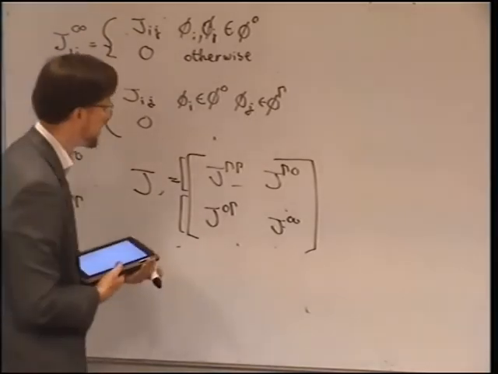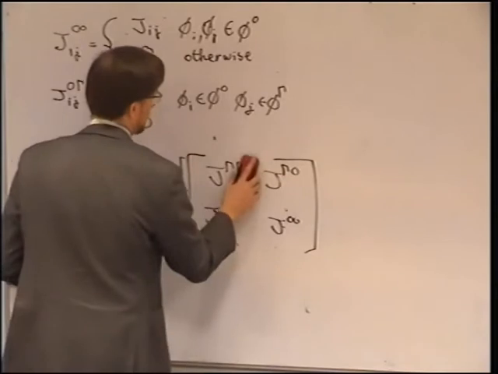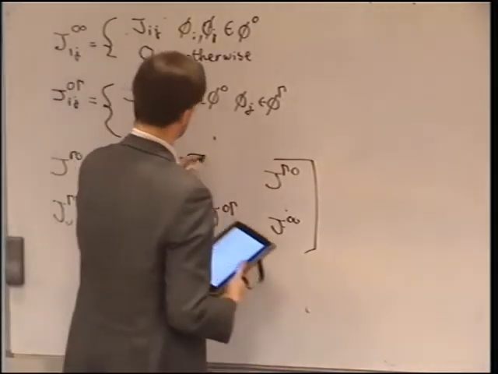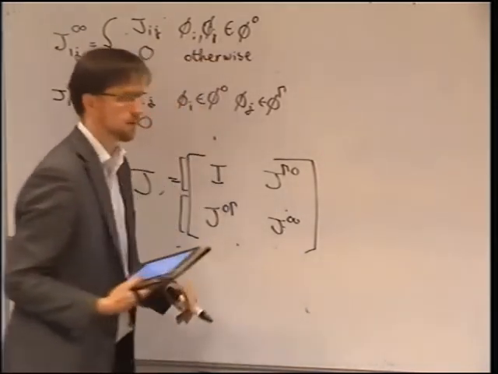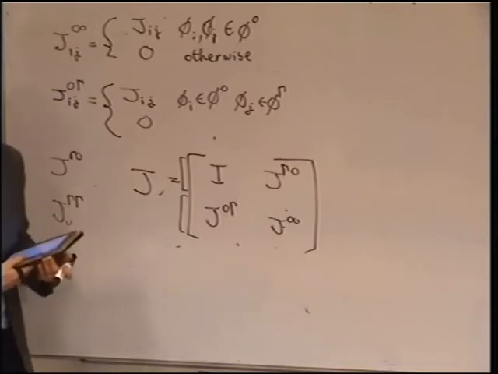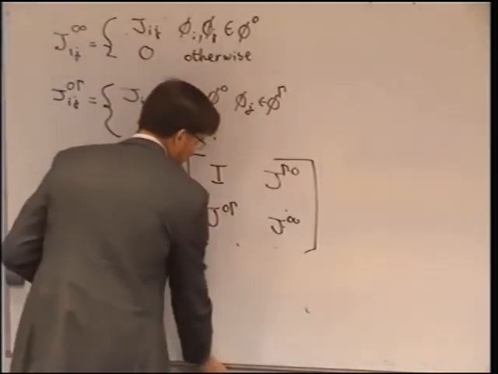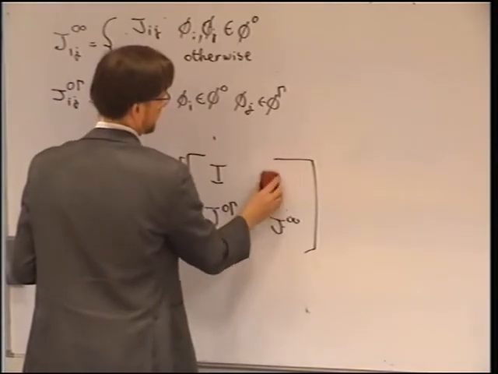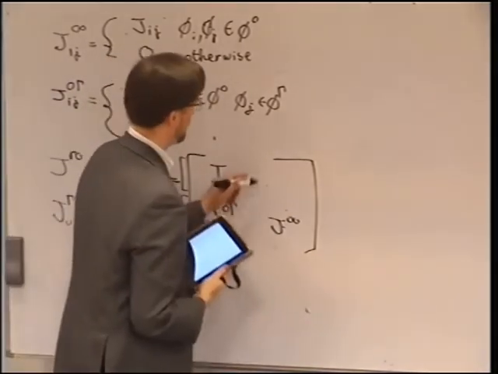And what do these turn into? The J gamma gamma block turns into the identity block. Right? Ones on the diagonal, zeros everywhere else. And this one out here, that's going to be 0.